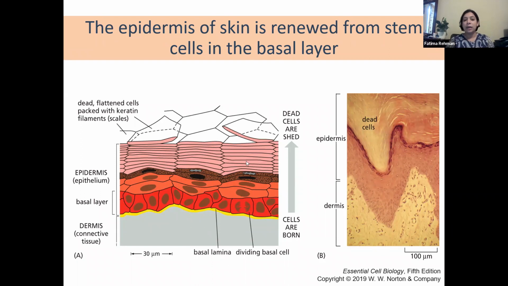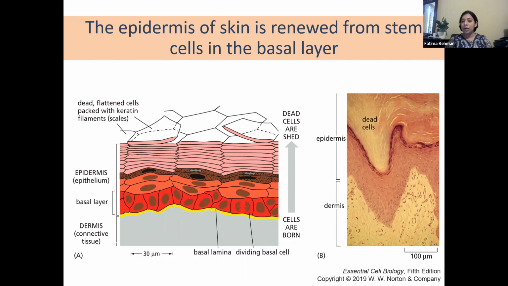These are your living cells. As they grow old, they start to become deflated. They start to lose their structure and their organelles, and eventually you have dead cells that are just flattened cells packed with keratin filaments and nothing else. There will be several layers of it before it is finished.